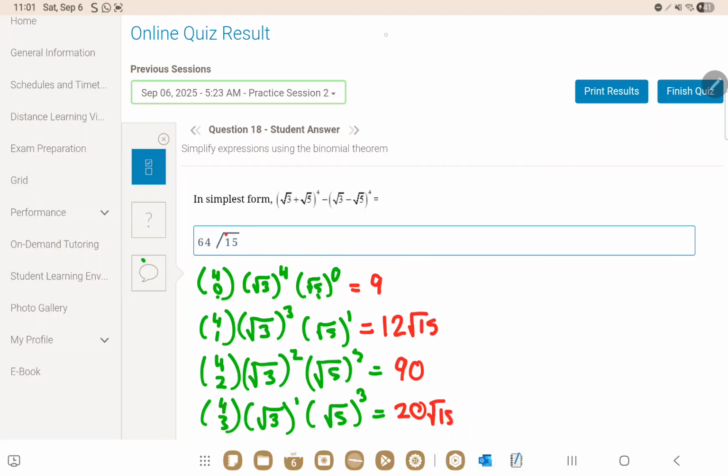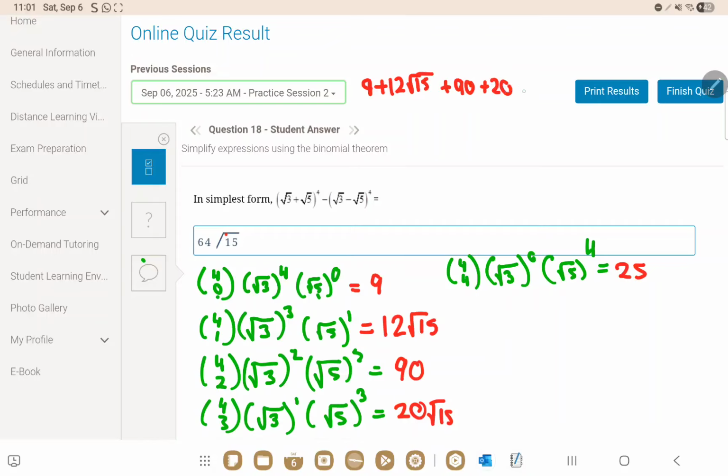And 4C4 times negative radical 3 to the power of 0 times negative 5 power 4 is just equal to 25. So now we can write our first term. It is 9 plus 12 radical 15 plus 90 plus 20 radical 15 plus 25.